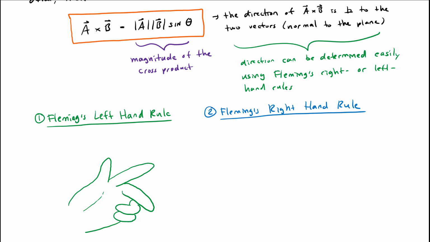So there's my left hand, and essentially if I want to use Fleming's left hand rule with my thumb pointing up, my index finger pointing this way, and my middle finger pointing slightly out of the page, I can label this as A, B, and C. So essentially what I'm looking at here is some sort of origin, A, B, and they're at right angles to each other, and C over here is going to be at right angles to each.